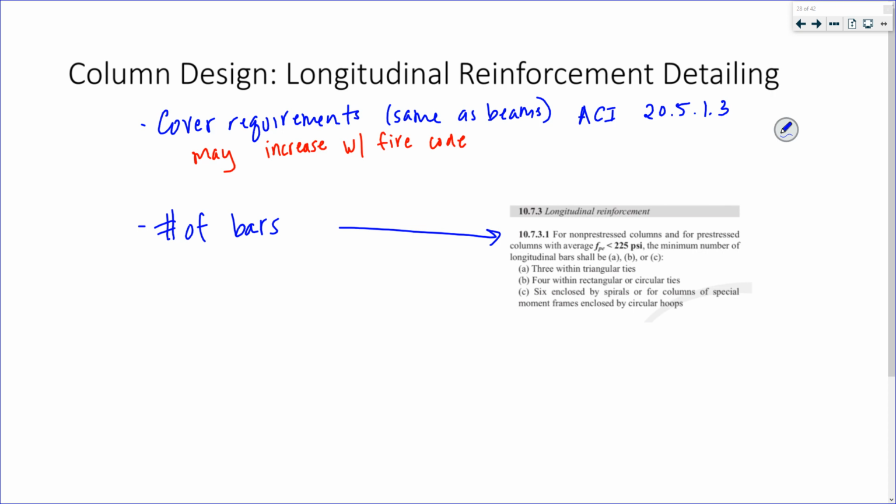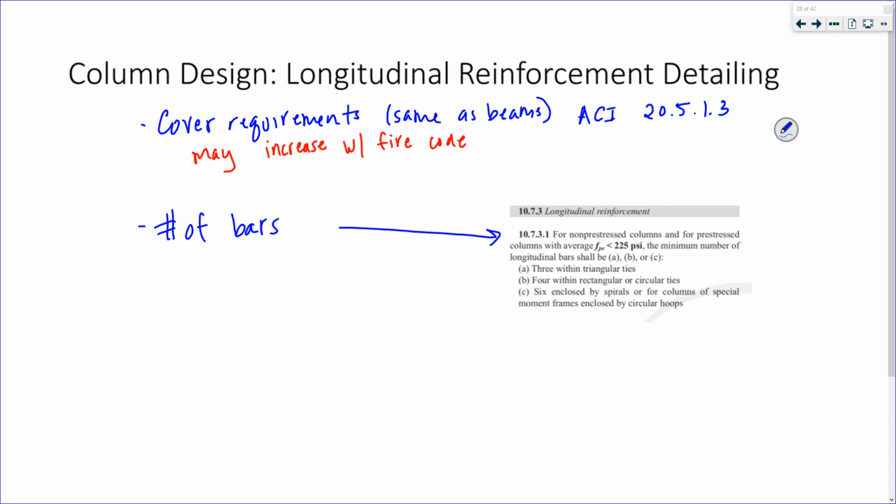So you need at least 4, 1 in each corner, for rectangular. Circular ties are not spirals. Circulars are discrete versus spirals are a continuous spiral, like a slinky.